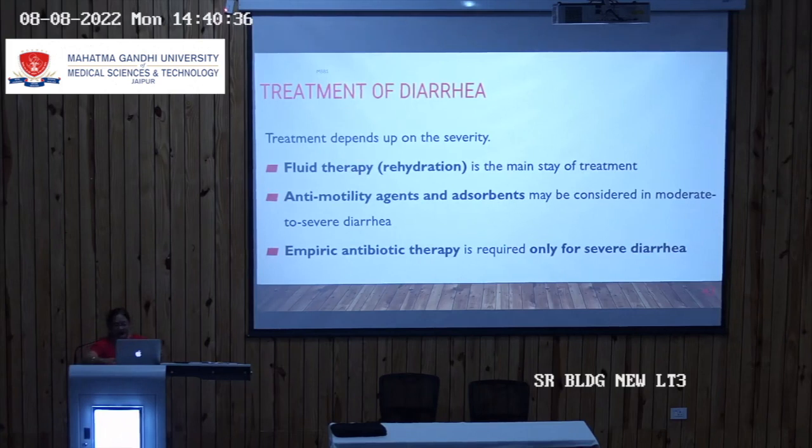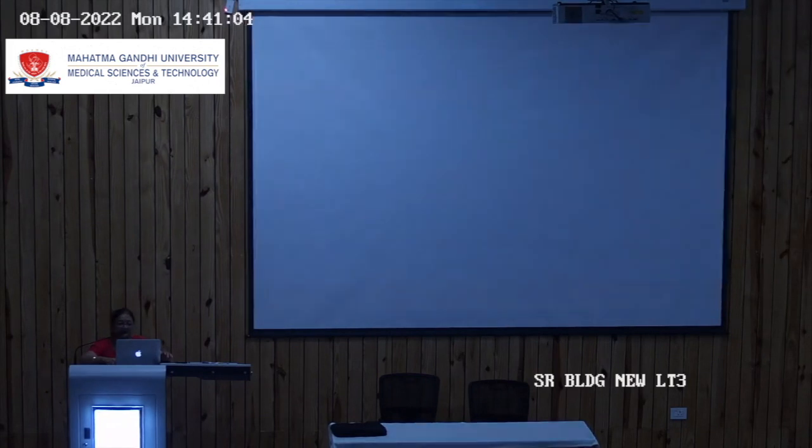Then anti-motility agents, which means the motility of the intestine is suppressed, can be given, and empirical antibiotic therapy is required only in severe diarrhea. If the diarrhea is not responding and it appears that the person will dehydrate soon, then antibiotics can be given.